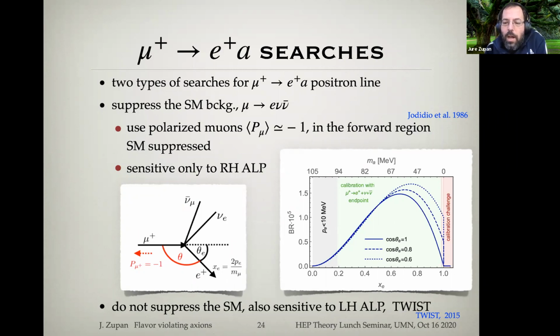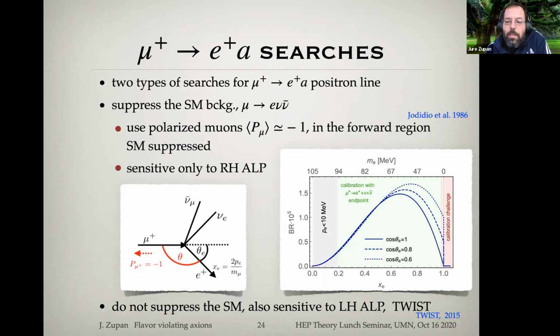The solid line is theta_e equals 0, cosine theta equal 1. Then you slowly go away from the forward region. Xe is the energy of the positron, the positron momentum divided by the muon's.